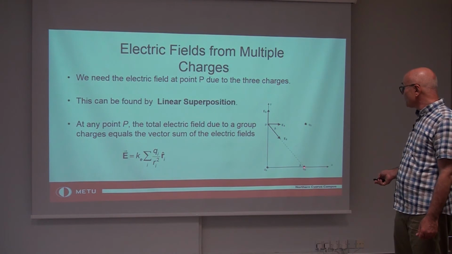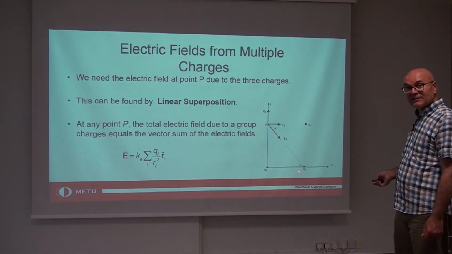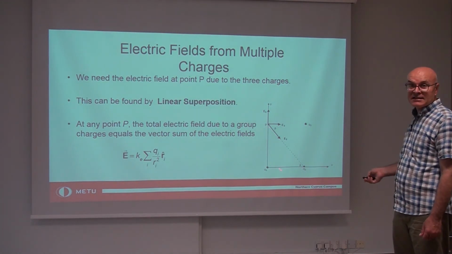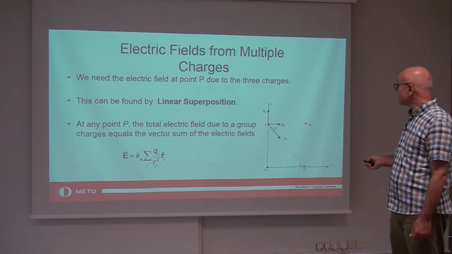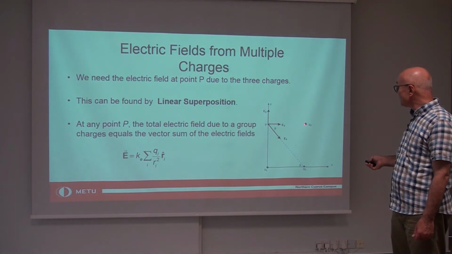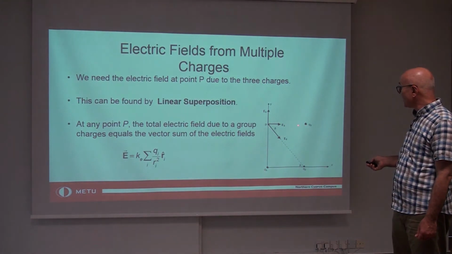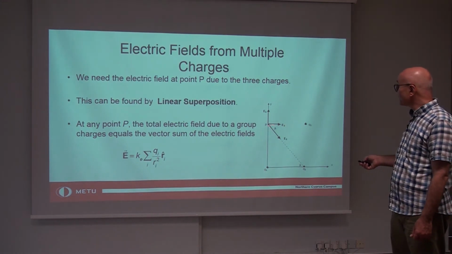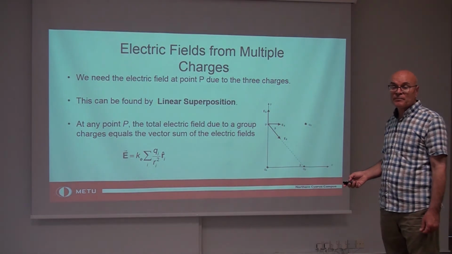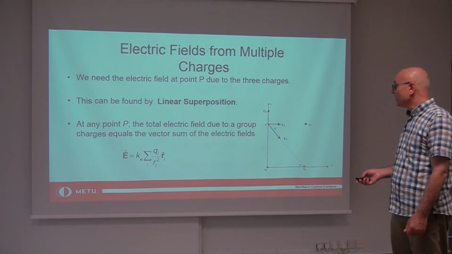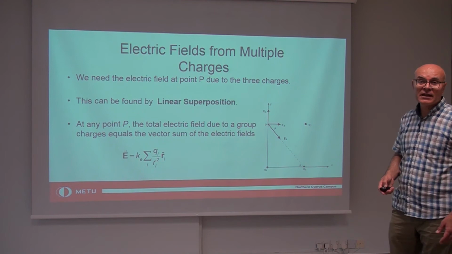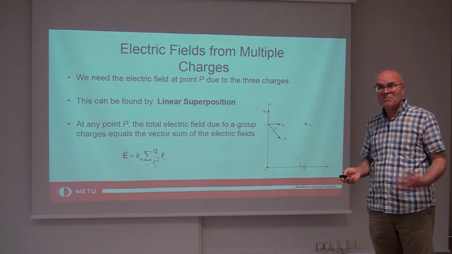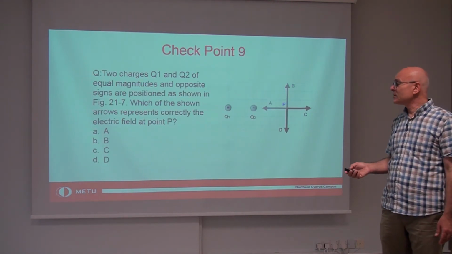So it's going from Q2 towards P, but since Q2 is negative, its field is against r hat 2. And the same applies here. r hat 3 goes from Q3 towards P, so it's directed to the left, but since Q3 is negative, the electric field of Q3 at P is opposite to r hat 3. So this is how you find the electric field of multiple point charges.